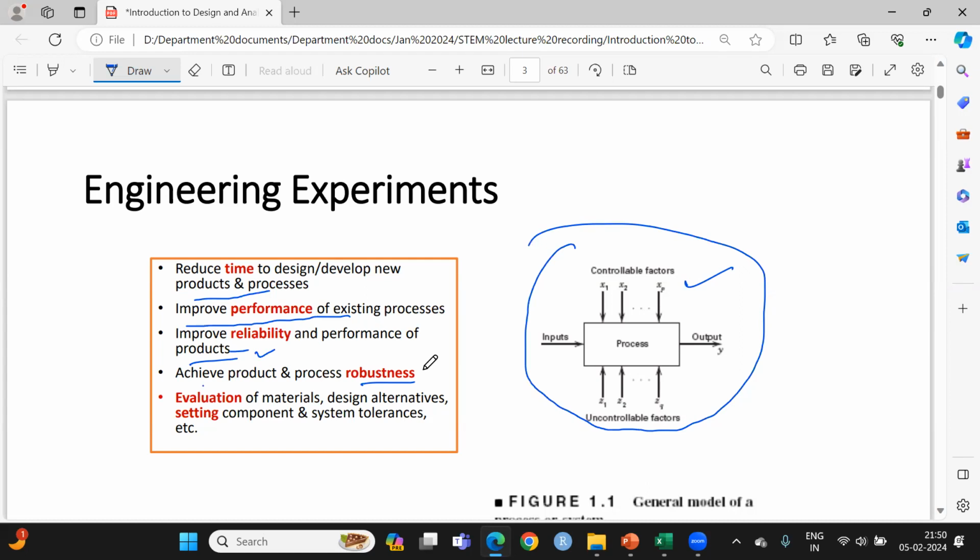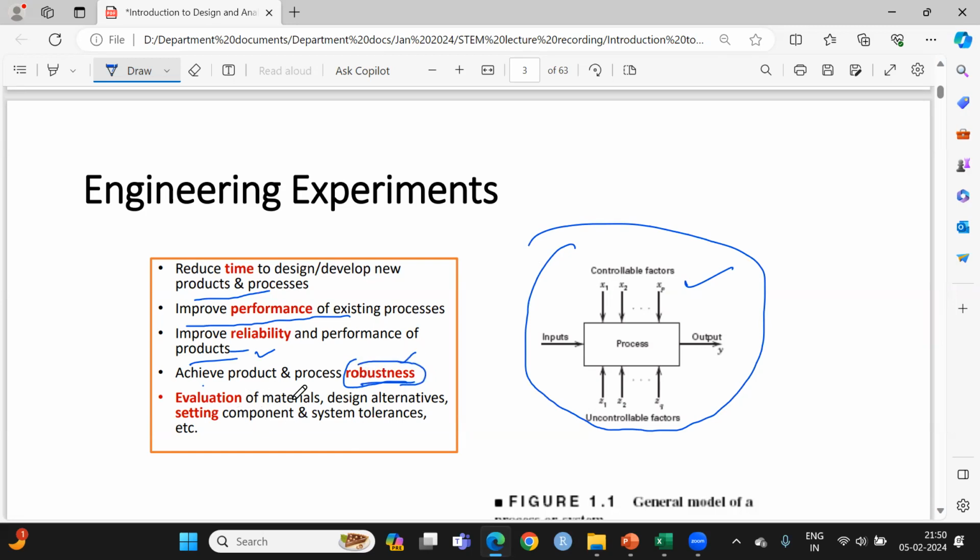But sometimes the automobile you are using may not take you from one place to another easily. It may break down in between. That's why they want whatever component they produce in the manufacturing unit to be robust, one that should do the daily tasks that they have to perform. Those tasks should be done by those products.